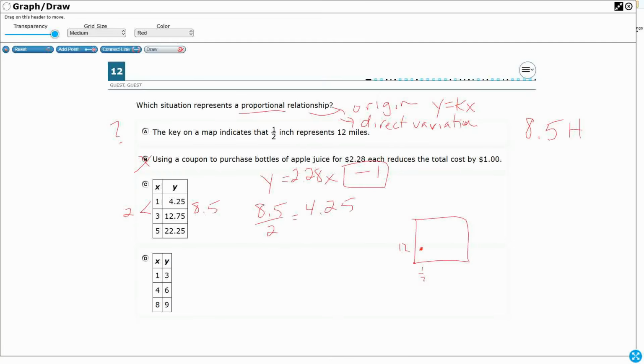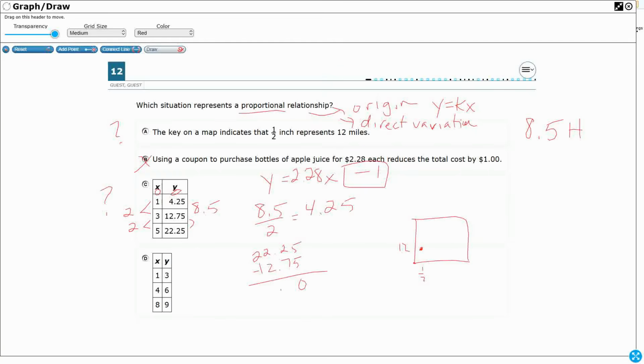But that means we have a unit rate of 4.25. If we take that down to 0, that looks like that would be 0. So how could both of these work? Well, they both can't work. Let's look at this next jump right here. So that's going to be 2. Look at this difference here: 22.25 minus 12.75. That's not that same jump of 8.5, I don't believe.